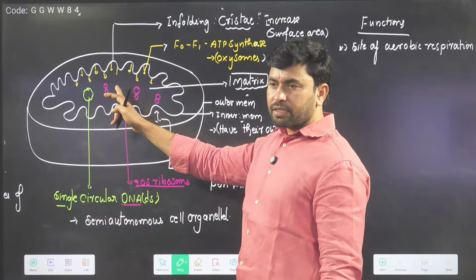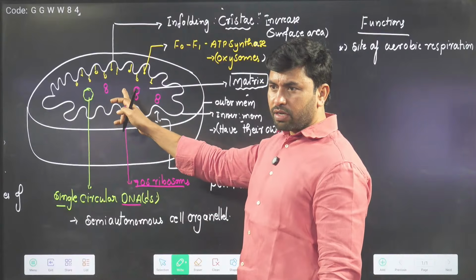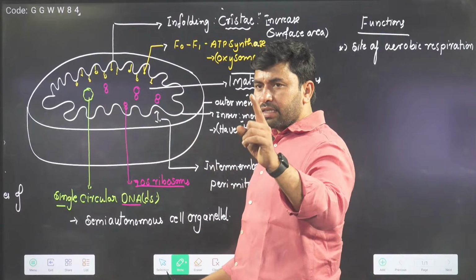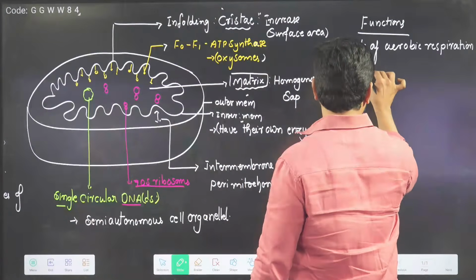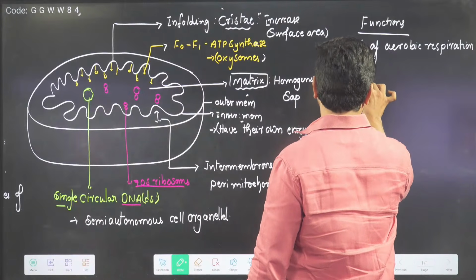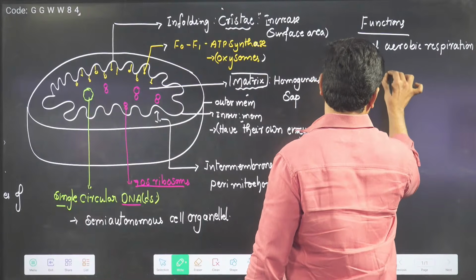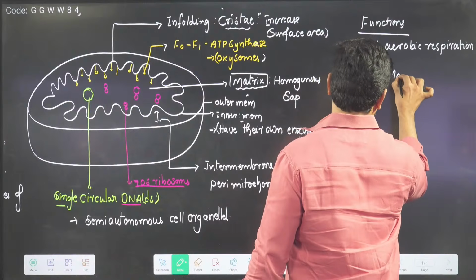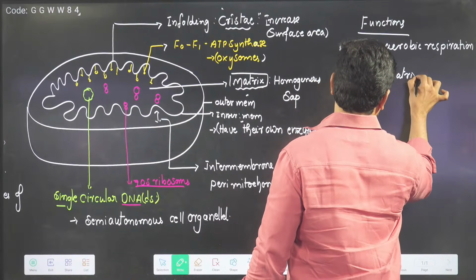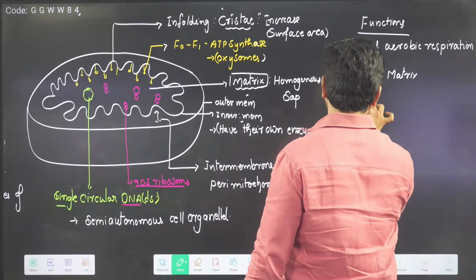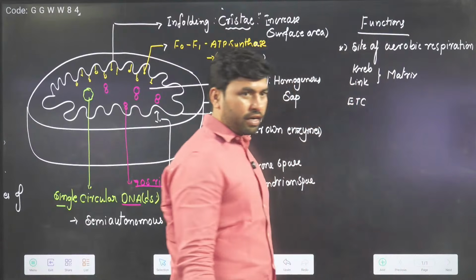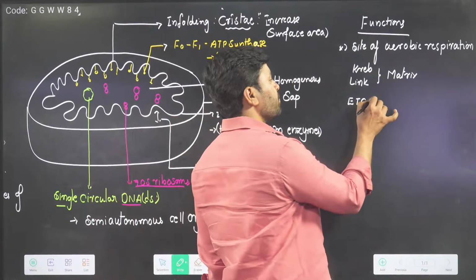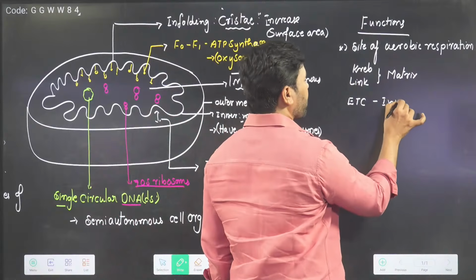There is a place called matrix in the mitochondria. That matrix is the site of Krebs cycle and link reaction. But one more reaction called electron transport chain occurs in a place called inner membrane.